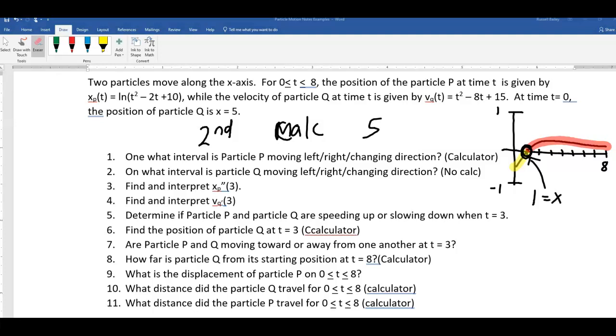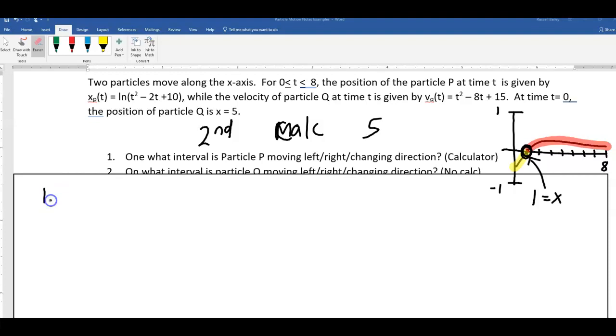And so now we can answer the question: when is it moving to the right and left, and when is it changing direction? And I'll also show you guys how you should write your answers here, because on an FRQ, you need to know how to explain your answers.